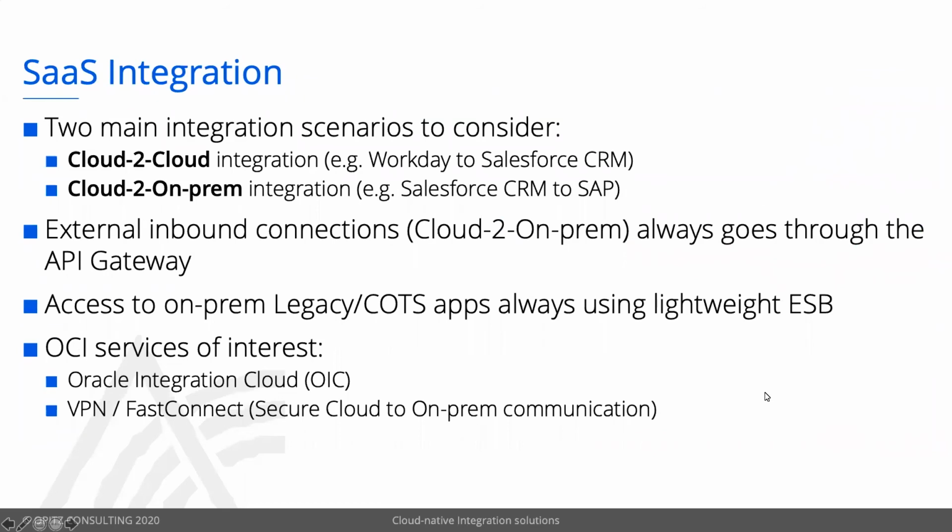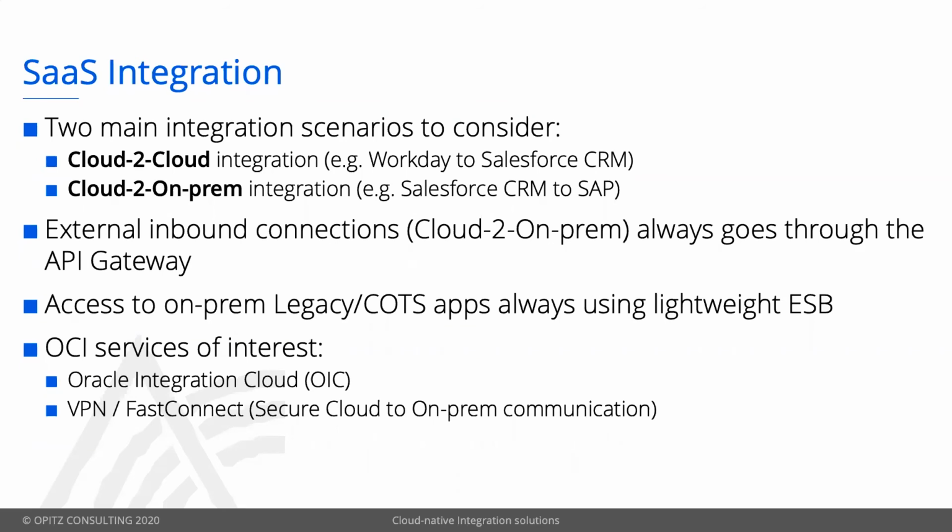Last but not least, we have this SaaS integration topic. And SaaS integration is today also a very important thing, because it is also relevant when you want to extend a certain SaaS system. You need to do some kind of integration. You need to implement it.